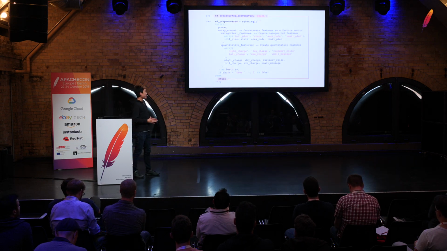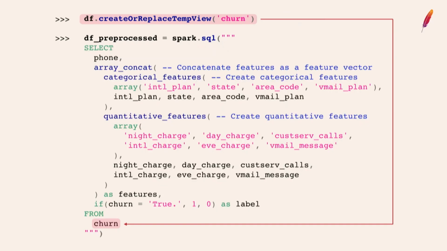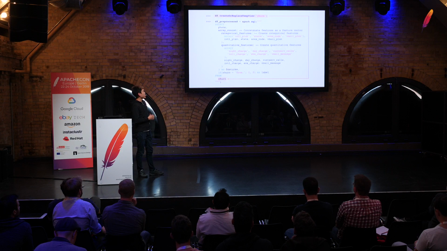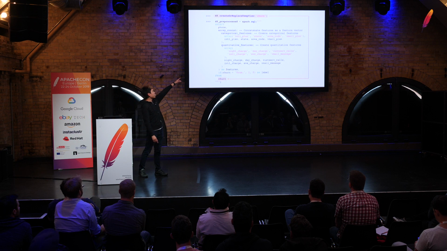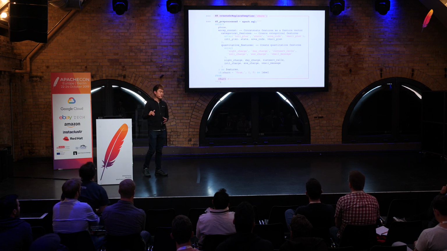So basically, the Python code looks like that. In order to give the query access to the data frame, you first have to create a view on the data frame. As the name df, we now load the churn data to the data frame. So we call create or replace temp view for the churn data frame, and the name is churn.